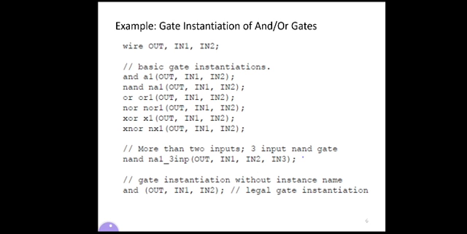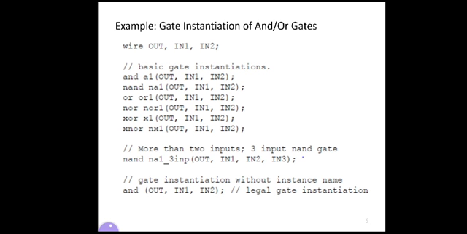It is not compulsory. A1 you can skip, or you can also use it. It is user defined. It is called the instance name, and it is user defined. Either you can use it or skip it in this case. Out is the first terminal, which is the output terminal, followed by two input terminals, in1, in2.